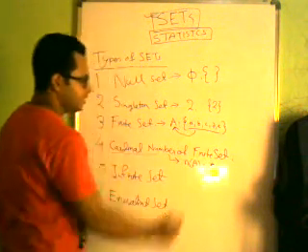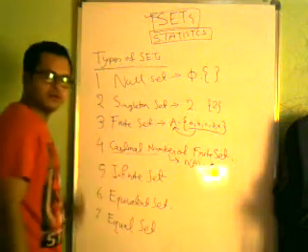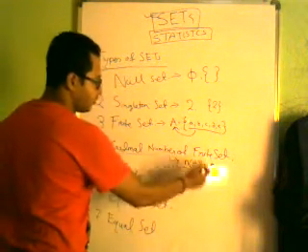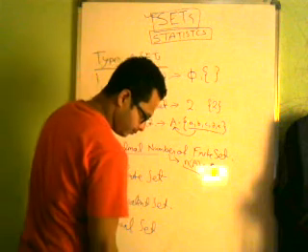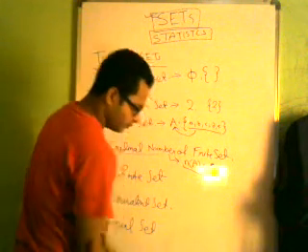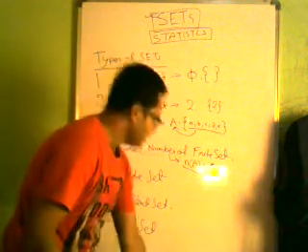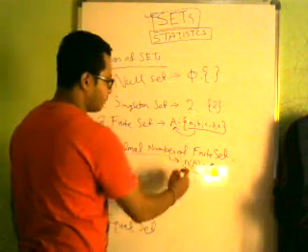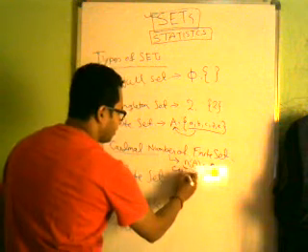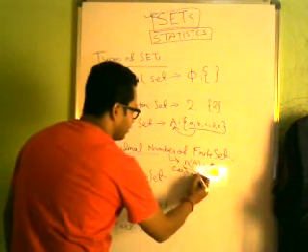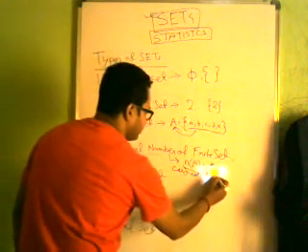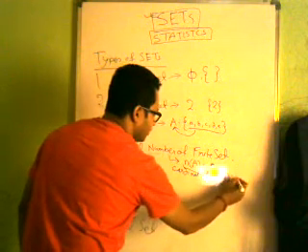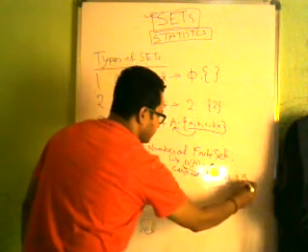This is called the cardinal number of the finite set, that is 5, and it is represented as n of A. That means the cardinal of set A is 5.